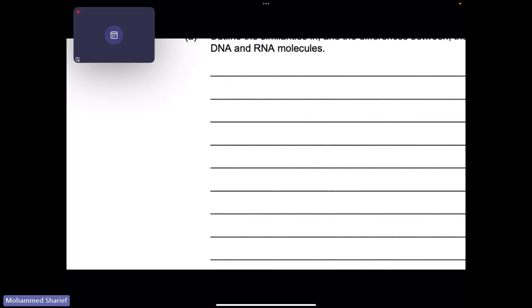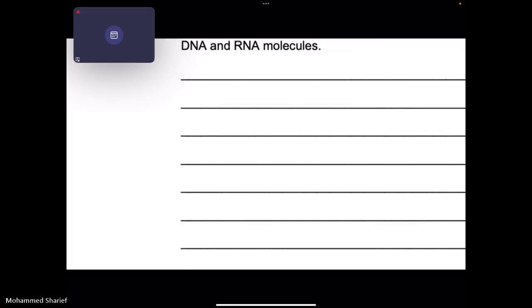nucleotides. So if we draw a table, now actually I'm just going to list similarities. We're going to say that both are a polynucleotide. Okay, you could say this.